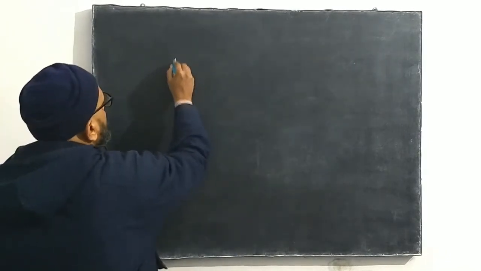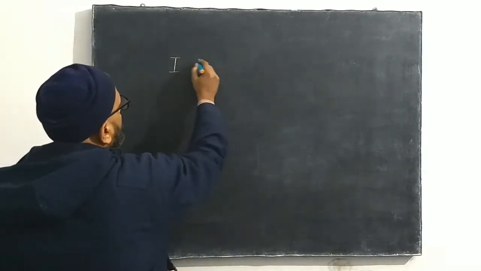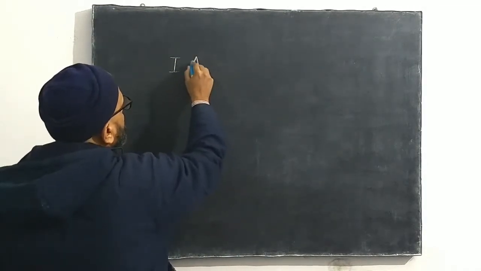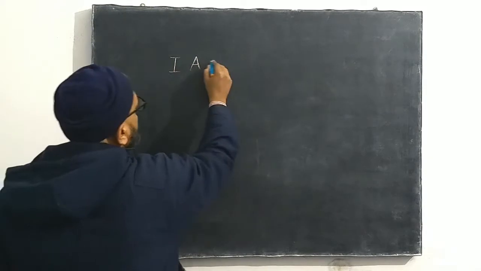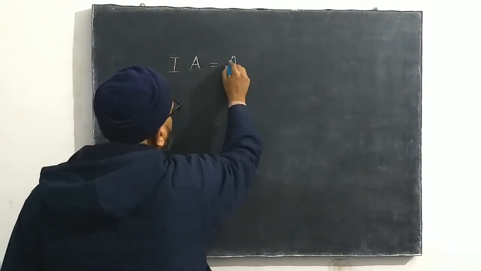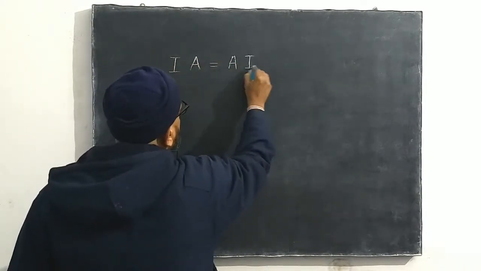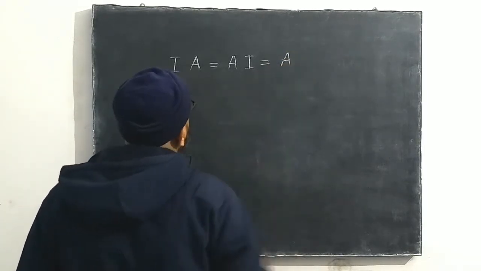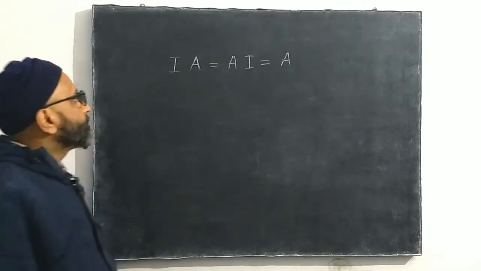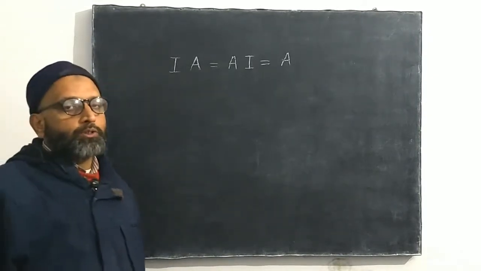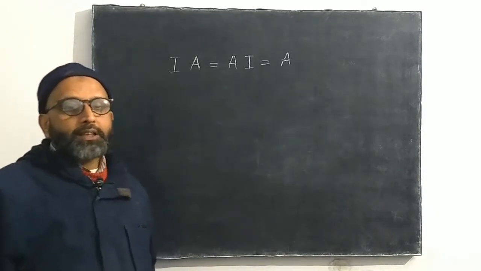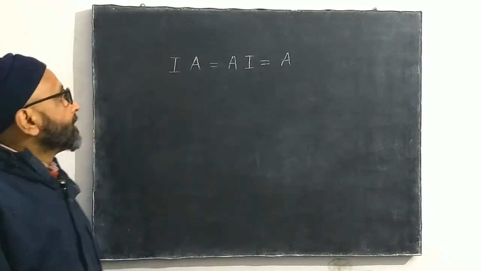That is, if we multiply I and some other non-identity matrix A left-wise or right-wise, the result is always the matrix itself. So I into A or A into I is equal to A, where I is the identity matrix and A is any other matrix.